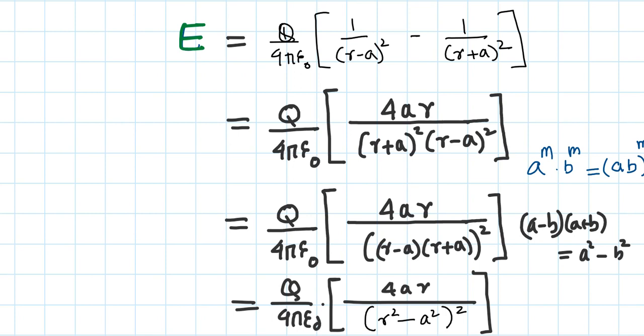The whole square was already there, so the only new thing was the R square minus A square inside the bracket. Okay, so we end up with this expression. See, there is nothing more to simplify in this apart from invoking approximations, which we will do in a moment.